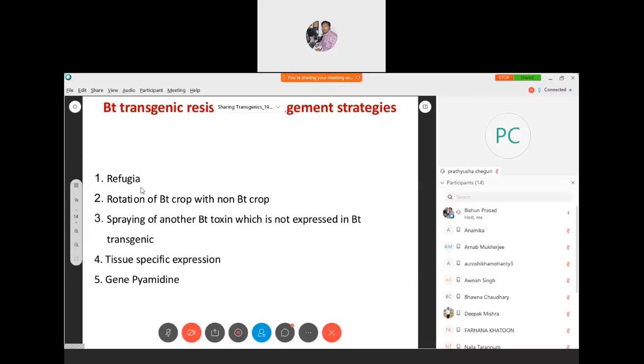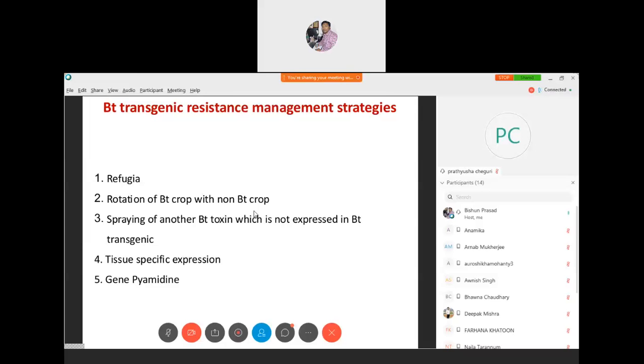The first important one is refugia. So you have to grow refugia along with your transgenic plants. Then you have to do rotation of Bt crop with non-Bt crop.